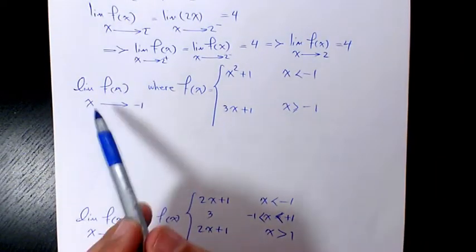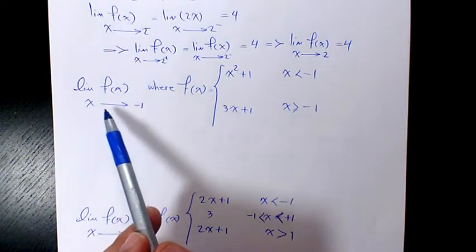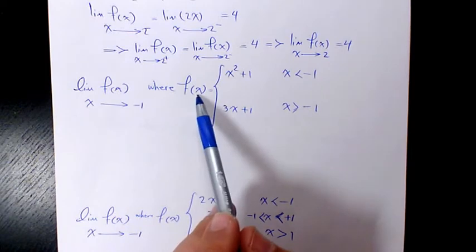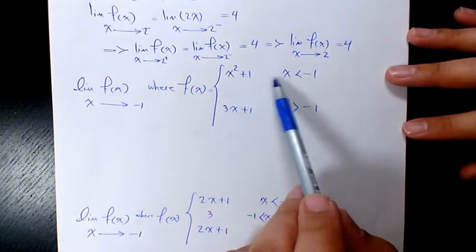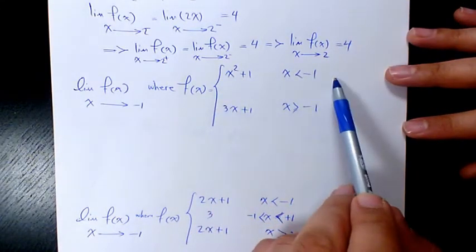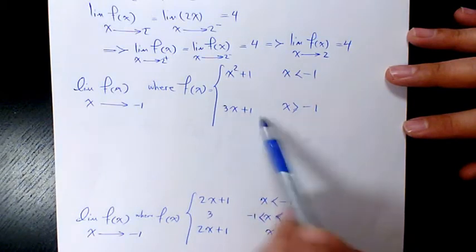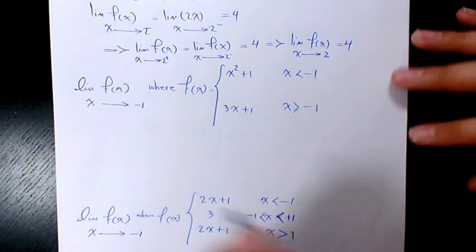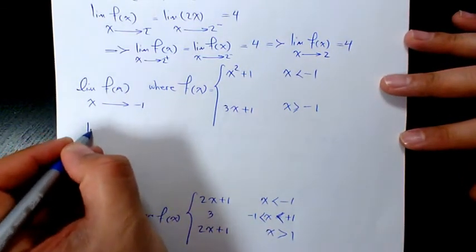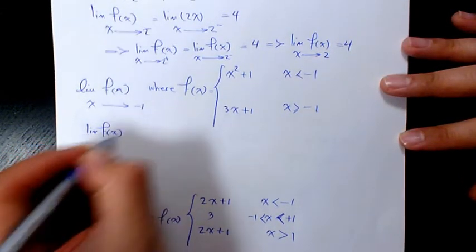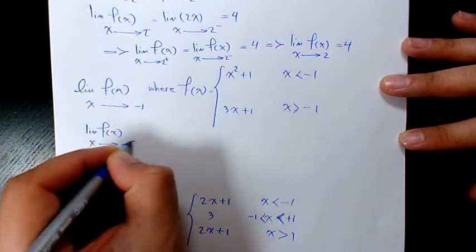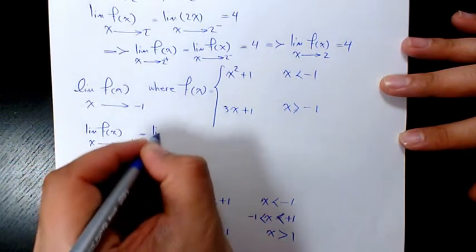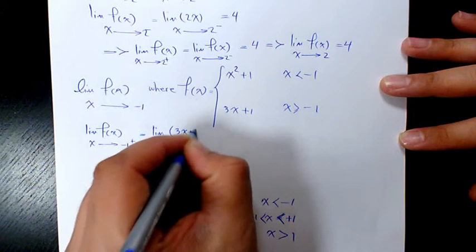Next one, limit of f of x when x is approaching negative 1 and function is x squared plus 1 for the values less than negative 1 and 3x plus 1 for values equal or greater than negative 1. So I'm going to say limit of f of x when x is approaching negative 1 plus, that's going to be limit of 3x plus 1.